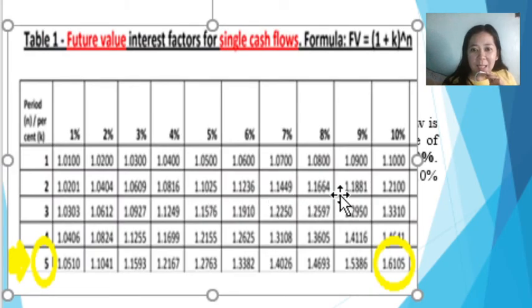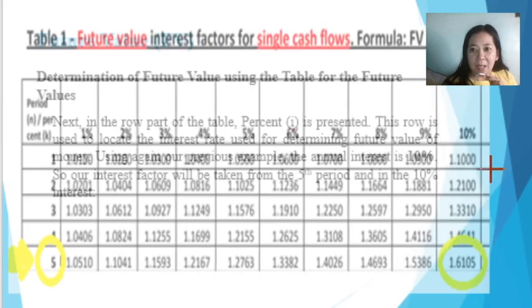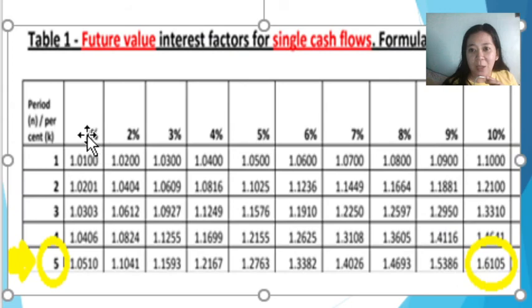In the rows section, you could notice that it indicates the interest, because it is represented by a percentage. This one is for 1%, 2%, and so on. Again, in our problem, the interest rate is 10%. So we will locate the factor here under 10%.